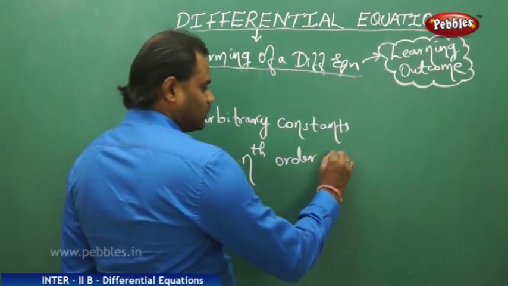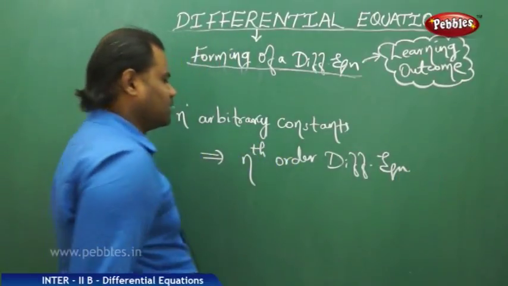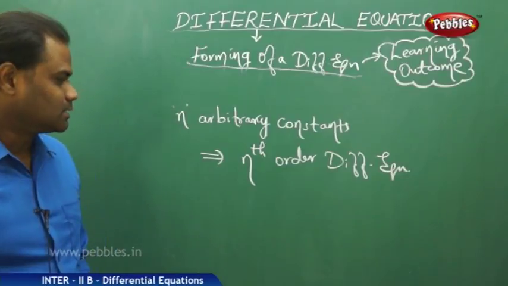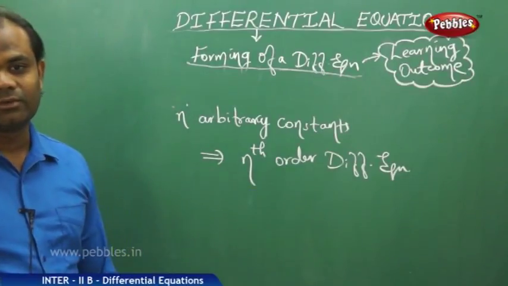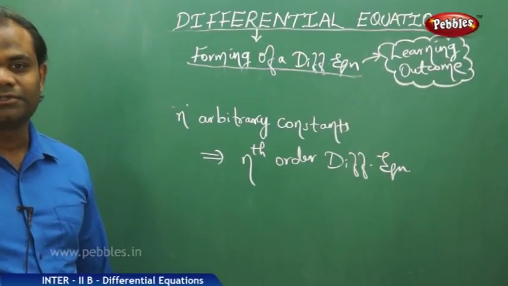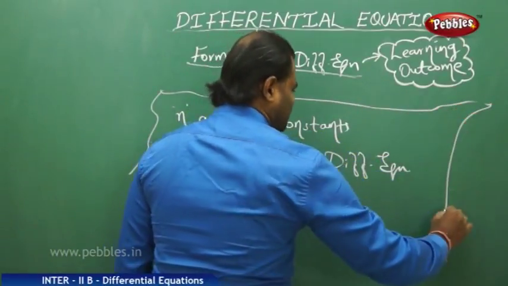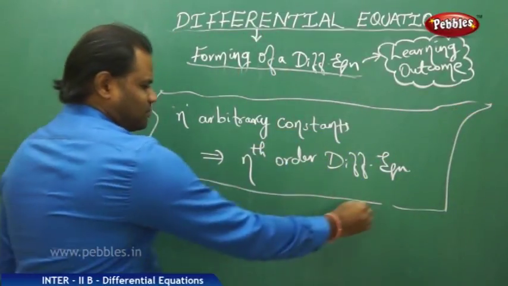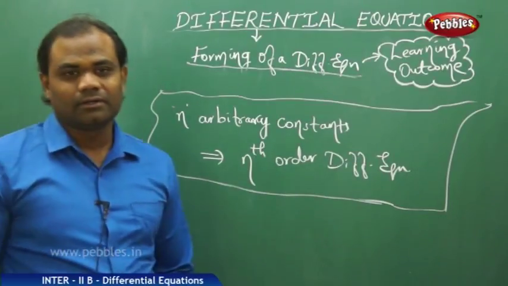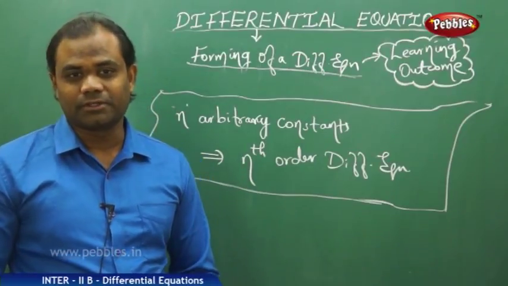This is how we understand the connection between the number of constants of the given family of curves and the order of the differential equation. So n arbitrary constants implies an nth order differential equation is the learning outcome of this. And the second learning outcome is that every equation or every curve has its corresponding differential equation.